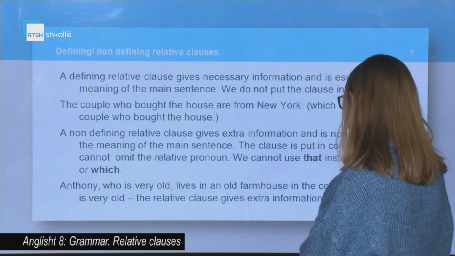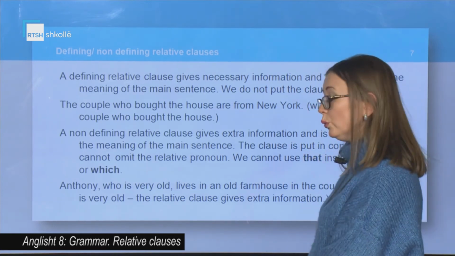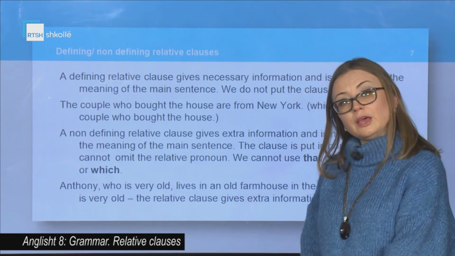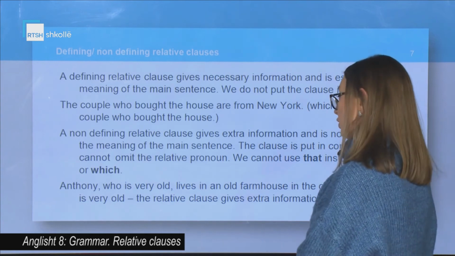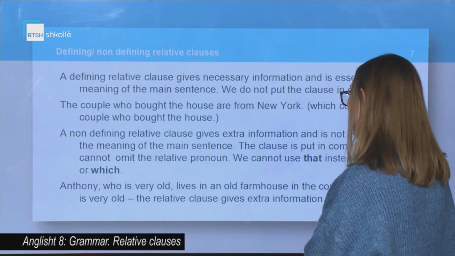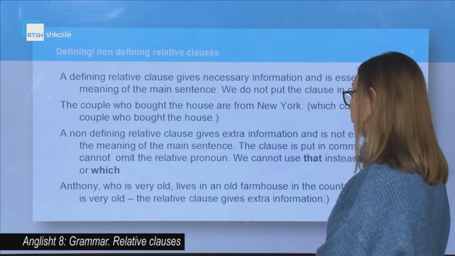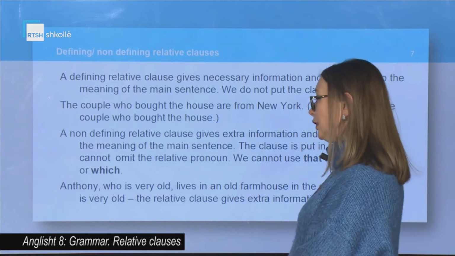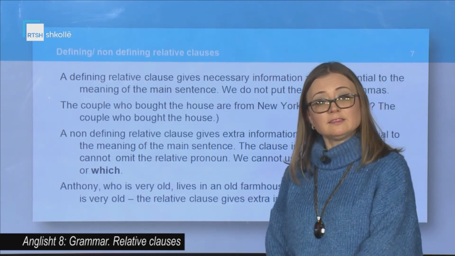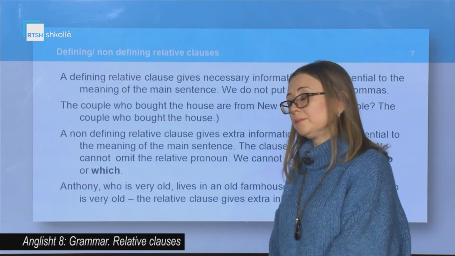We cannot use that instead of who or which. Let's take an example together. Anthony, who is very old, lives in an old farmhouse in the countryside. Who is very old is the relative clause that gives extra information in this case.